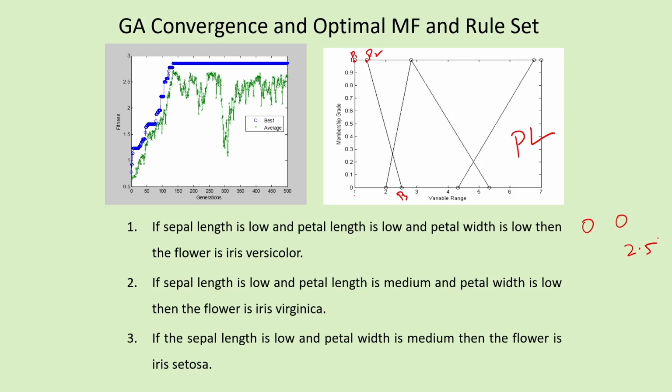P3 is 2.5. So accordingly that diagram has been plotted. And what is another membership function? That is P4, P5, P6. So P4 is 2, P5 is 3 and P6 is something like 5.3.